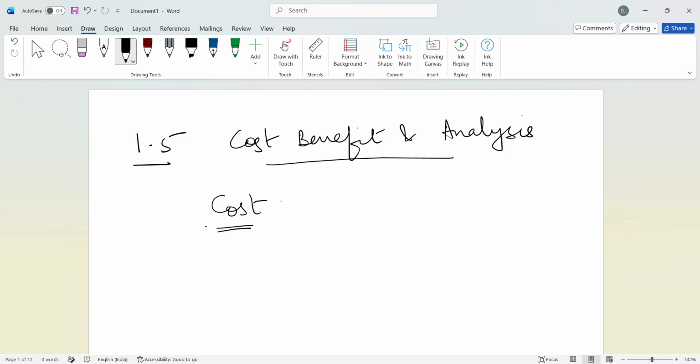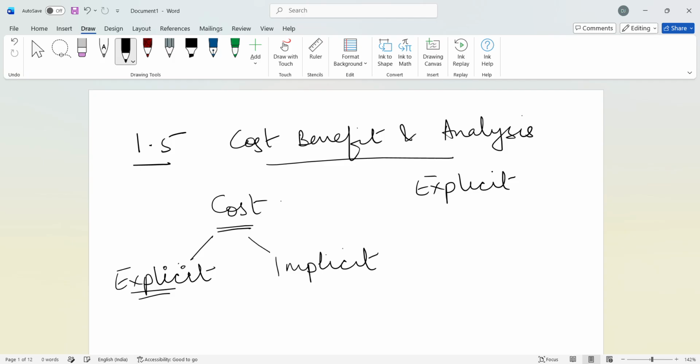Now, in economics, the cost is actually divided into two kinds of cost. One, you call it the explicit cost. Another is the implicit cost. So all the accountants, they take into consideration only the explicit cost. What exactly is the explicit cost? Explicit cost is basically the cost that tends to associate with a price.